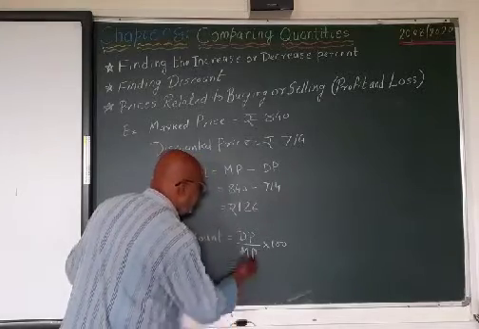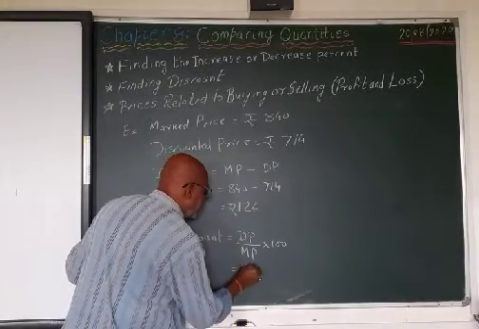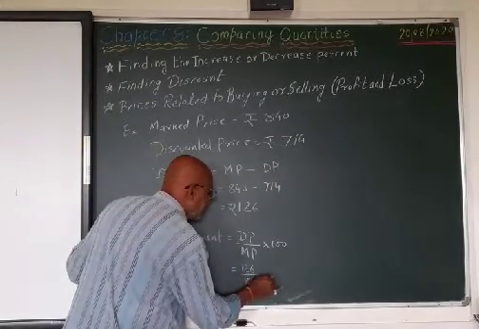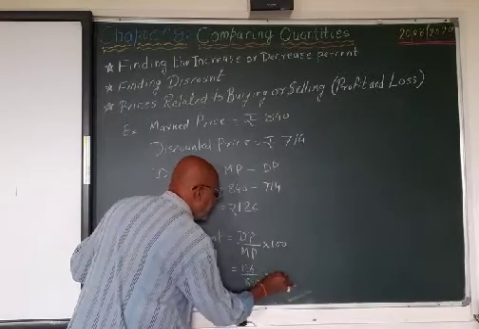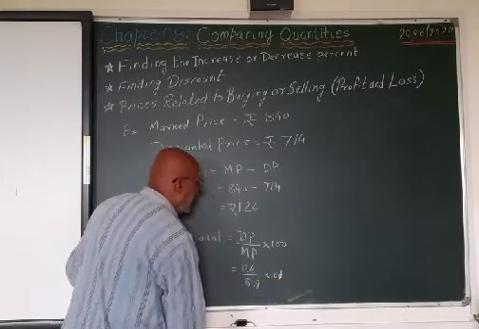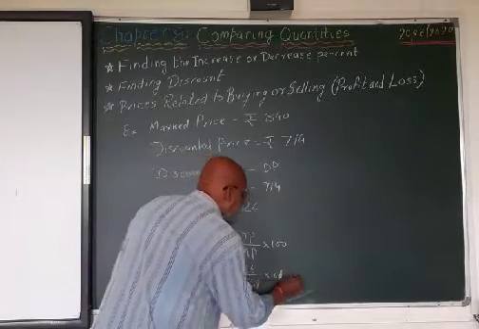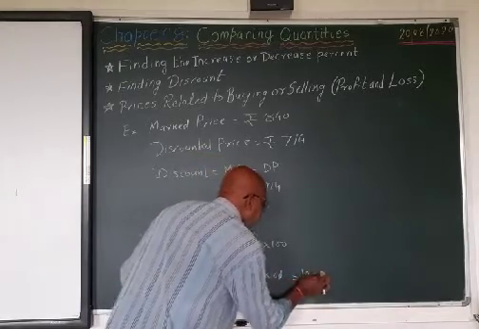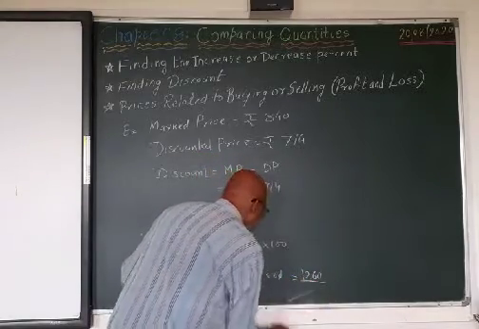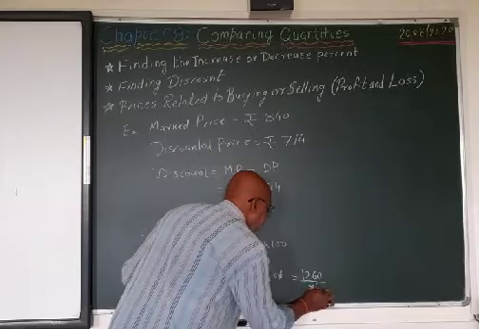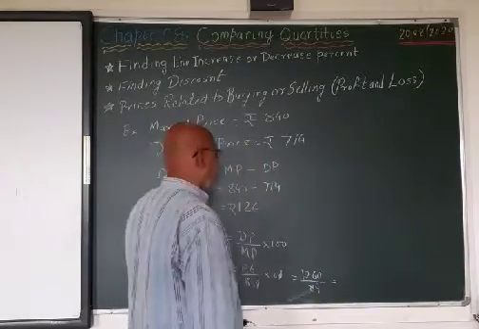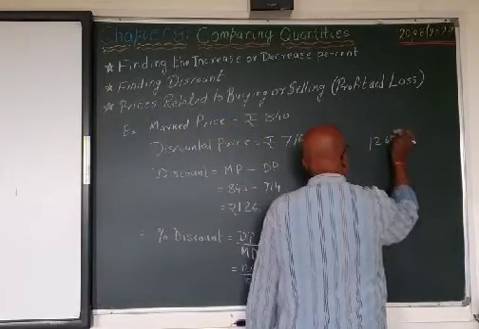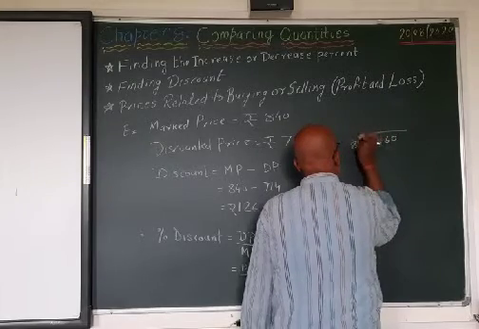So discount is 126, mark price is 840, multiplied by 100. So this gets cancelled. What you get is 1260 upon 84. So how much will the discount be? Just divide 1260 by 84.